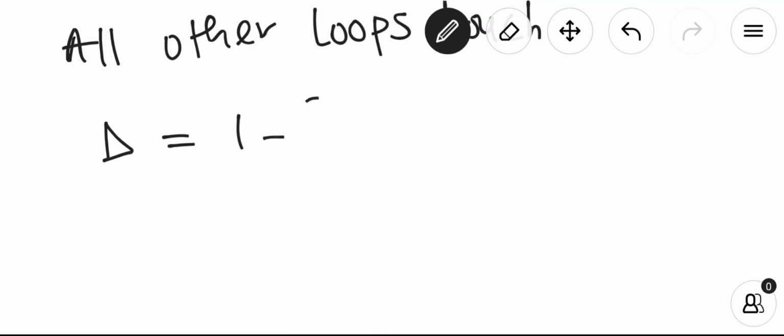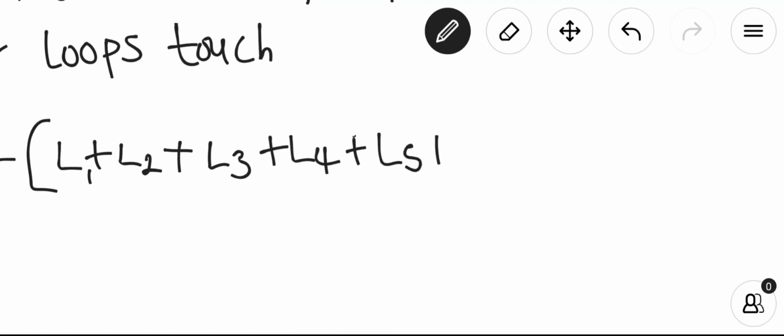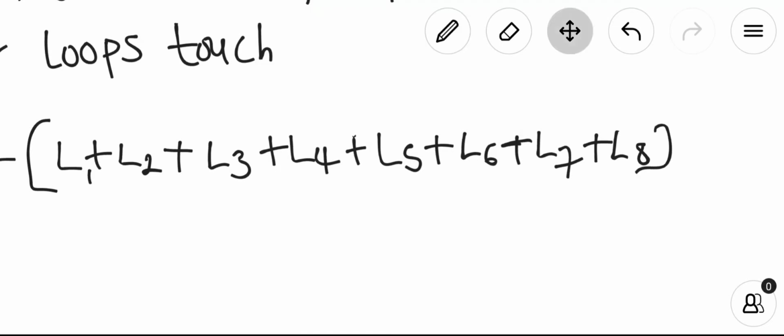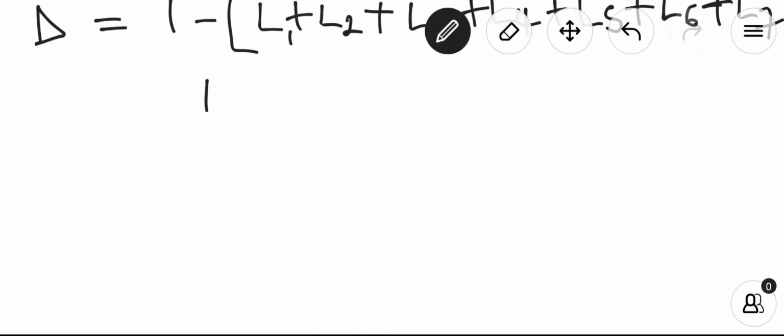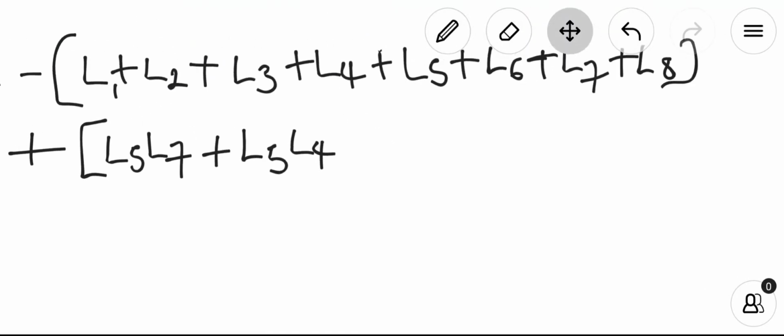The determinant is summing all the loop gains from the formula using Mason's rule: L1 plus L2 plus L3 plus L4 plus L5 plus L6 plus L7 plus L8, plus L5 L7 plus L5 L4 plus L3 L4.